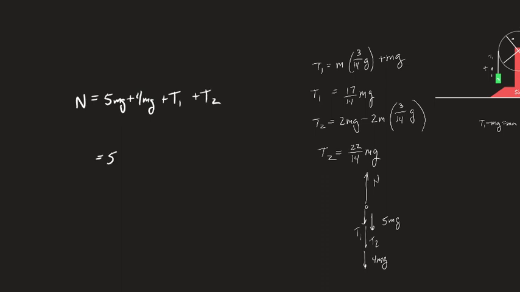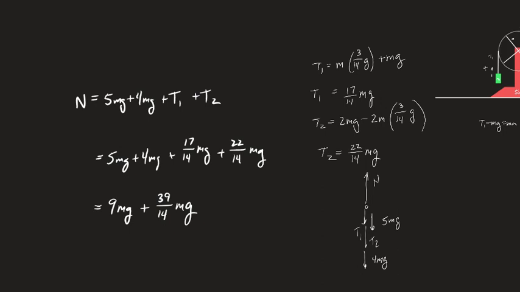Or 5 mg plus 4 mg plus 17/14 mg plus 22/14 mg. 9 mg plus, holy crap, do we have to do that? 39/14? Huh? 165/14?